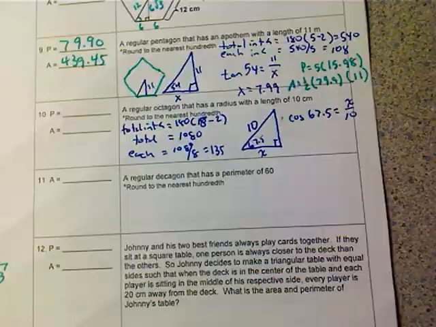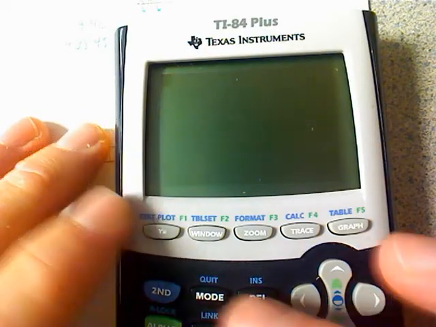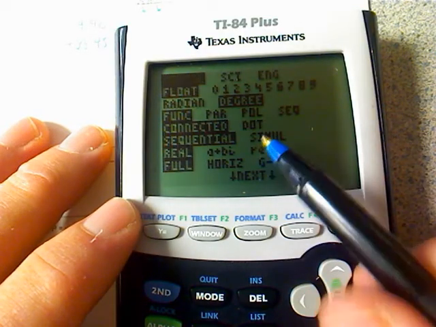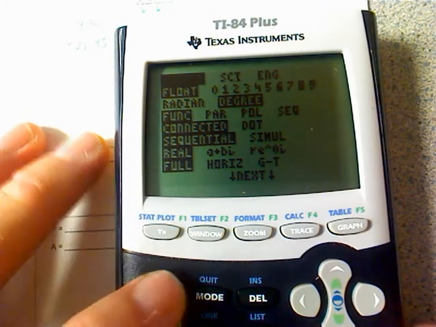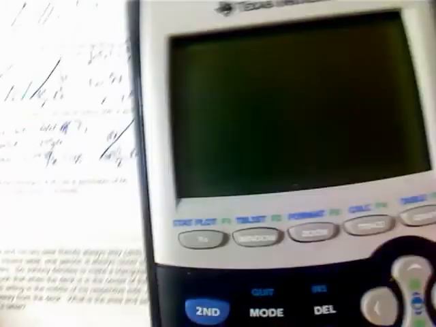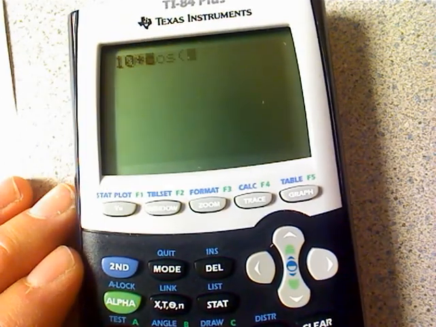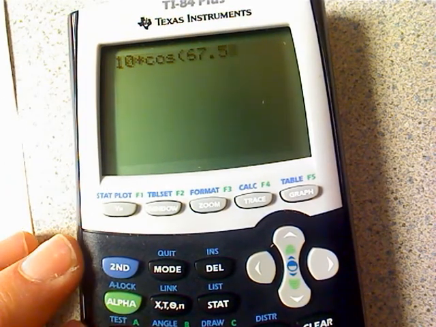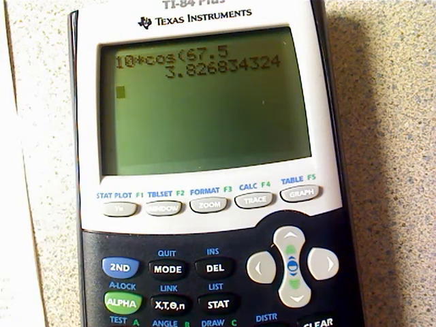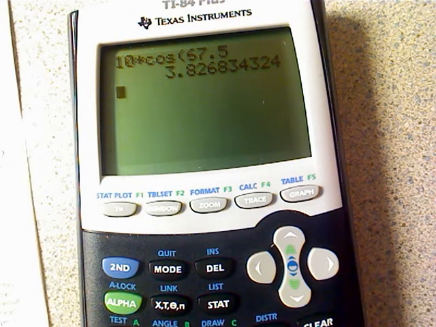Grab a calculator. On my calculator, I need to make sure that it's in degrees, which it is. I pressed mode to get that. And so now I'm going to say 10 times the cosine of 67.5 is 3.82. The problem said nearest hundredth, so 3.83.